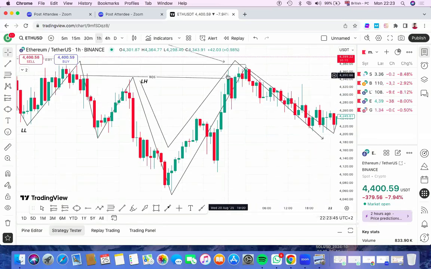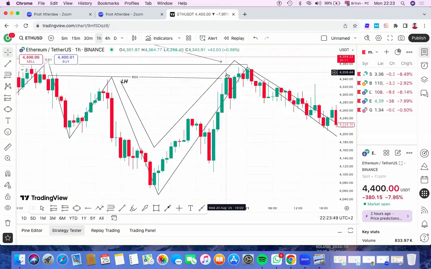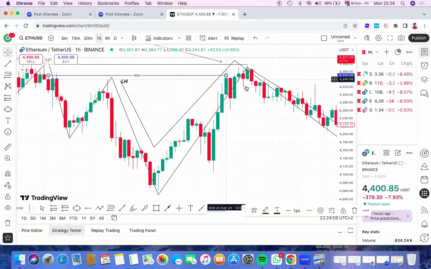This first candle that broke out of this structure, right? It's this green bullish candle, but it closed with this wick, okay? So we cannot consider this as a break, okay?